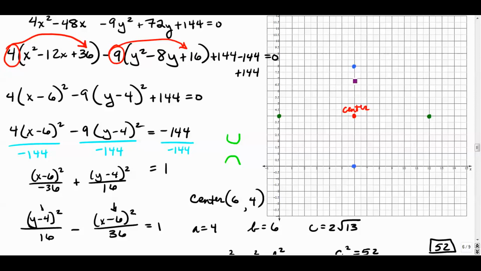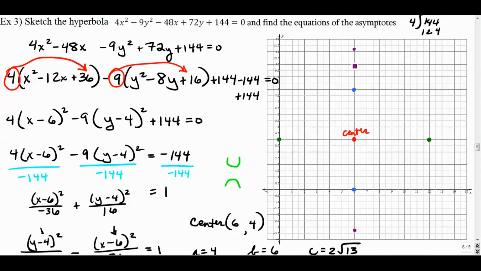So I'm going to go up 7. So 1, 2, 3, 4, 5, 6, 7, plus a little bit more. And from the center, I'm going to go down 7. 1, 2, 3, 4, 5, 6, 7, plus a little bit more. So there we go. We'll come back and write down all the coordinates of the vertices and the foci in a second.